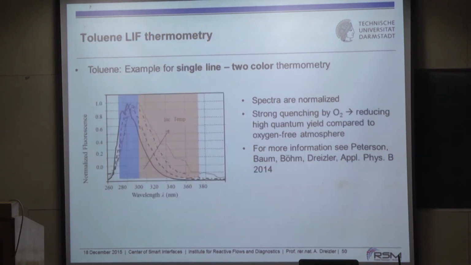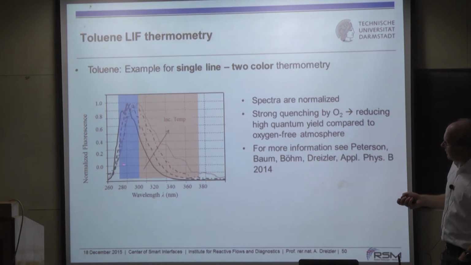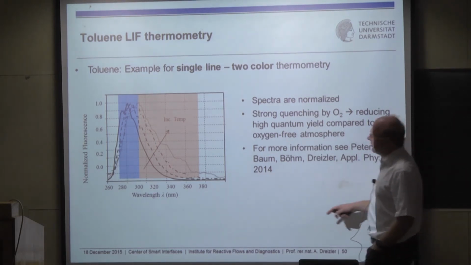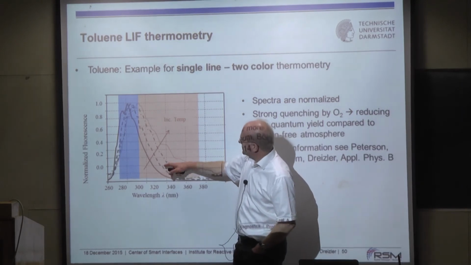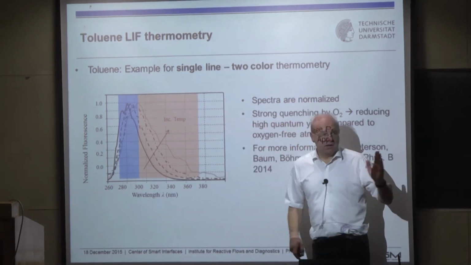The other way is, as I said, single-line but two-color thermometry, where toluene is a good example. What you see here on the left-hand side is after excitation in the UV, maybe with a 266 nanometer laser, a fourth harmonic of a YAG, and you look at the normalized fluorescence spectra. You see here for different temperatures, for rising temperature, a red shift.